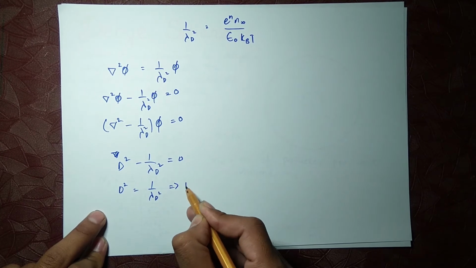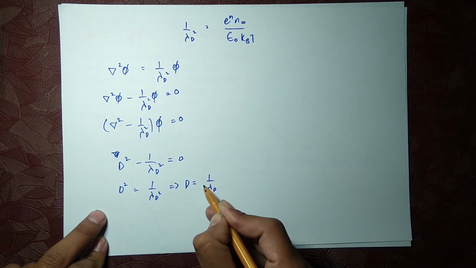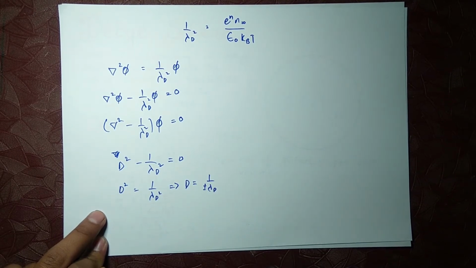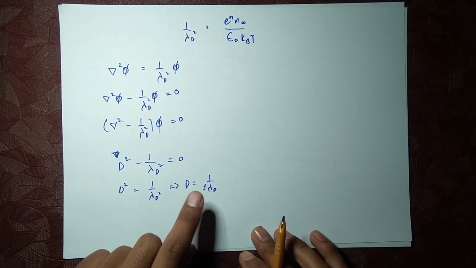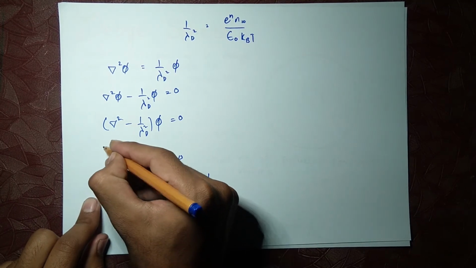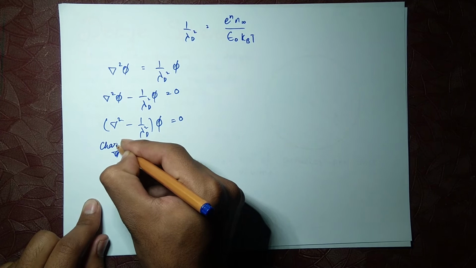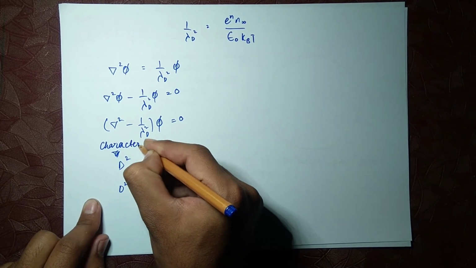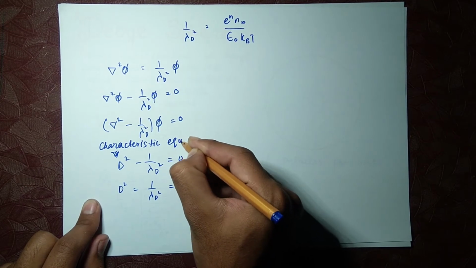This will give D equal to plus or minus 1 over lambda_D, with the plus and minus sign. So this was our characteristic equation.